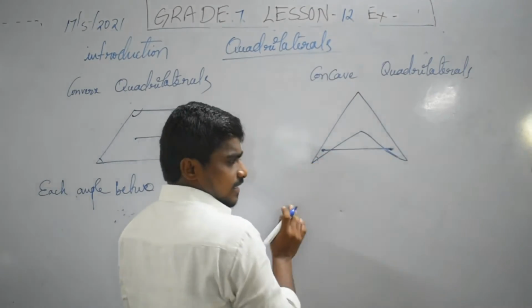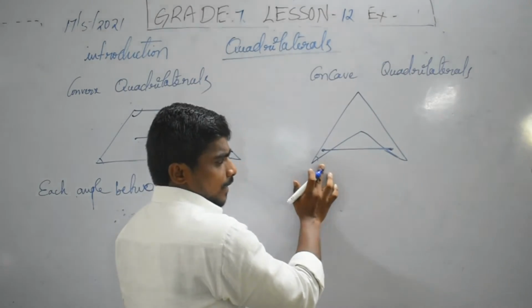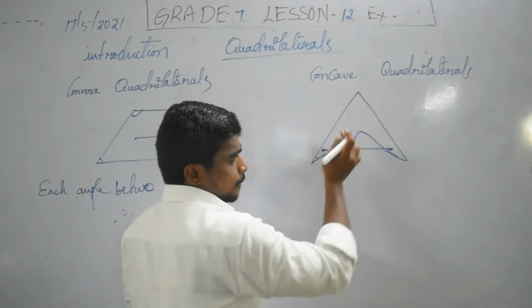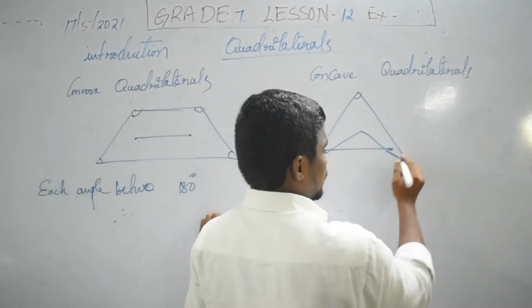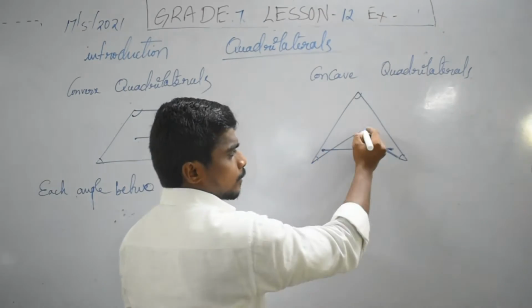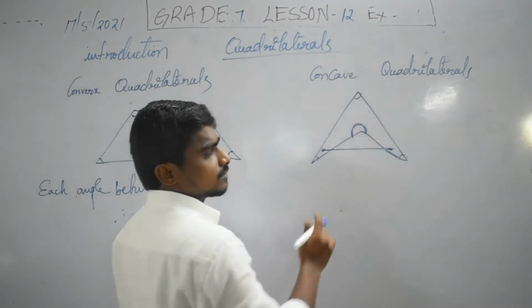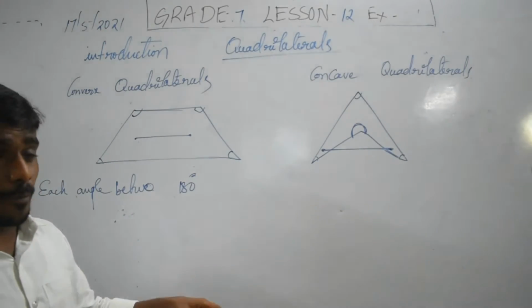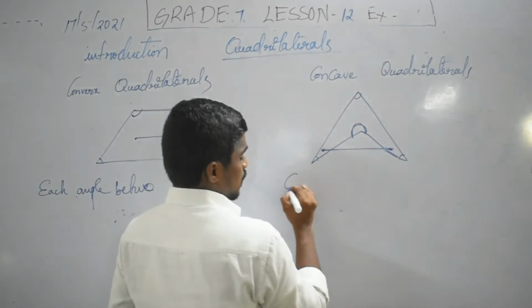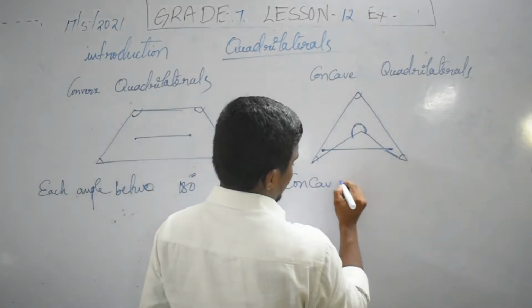See, how many degrees is this? 180 below. This is 180 below. This is 180 below. But this is 180 above. So this is called a concave quadrilateral.